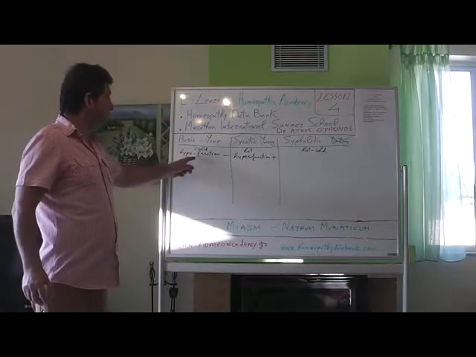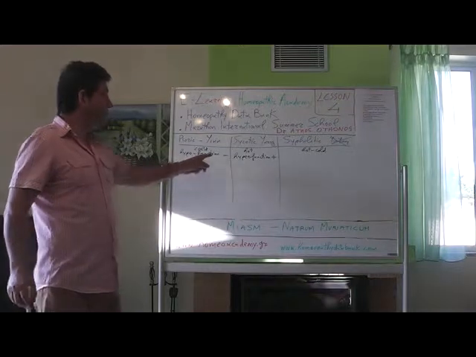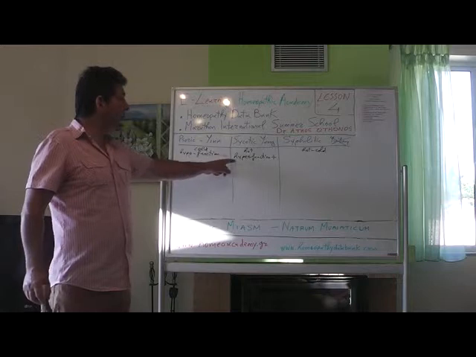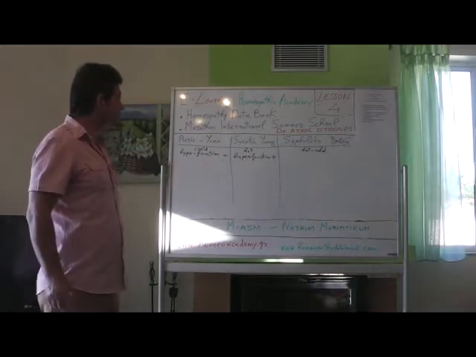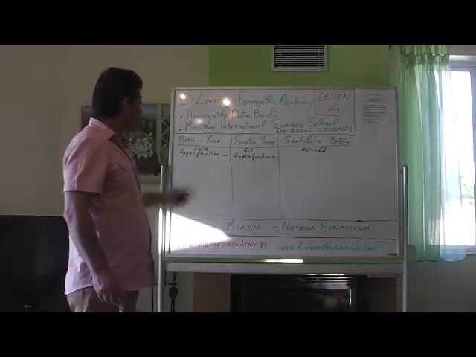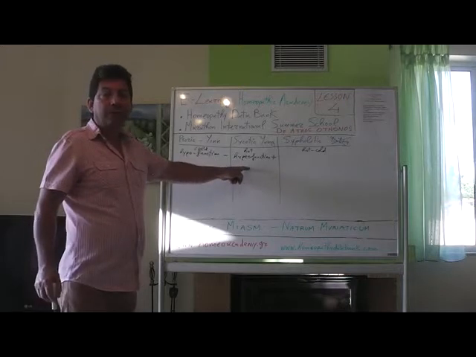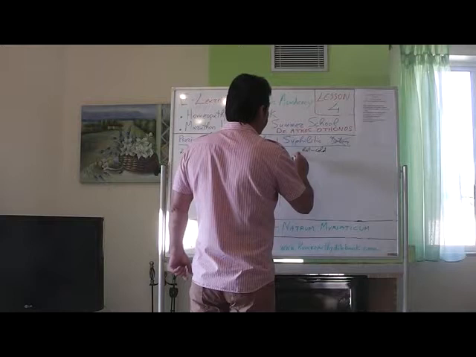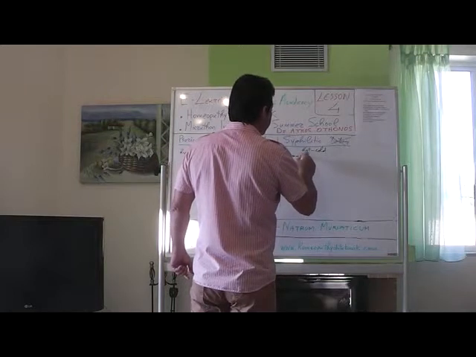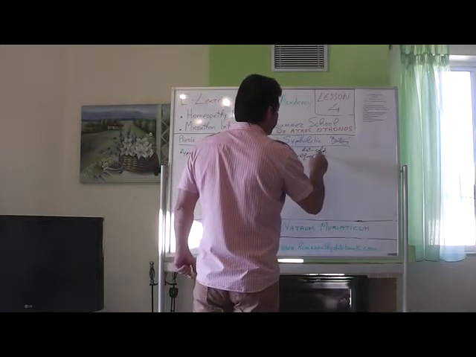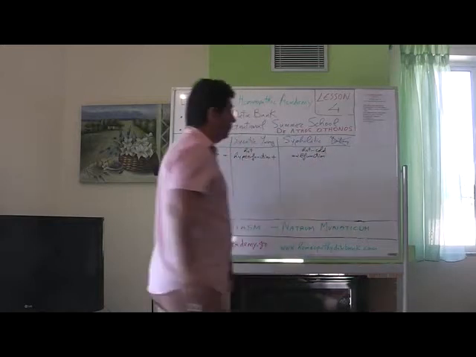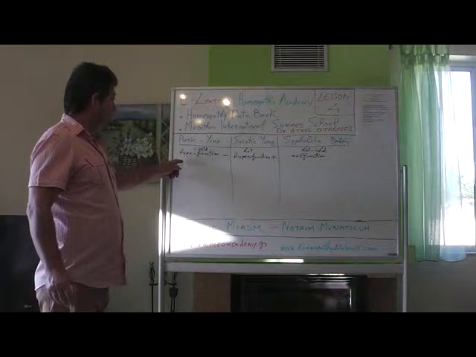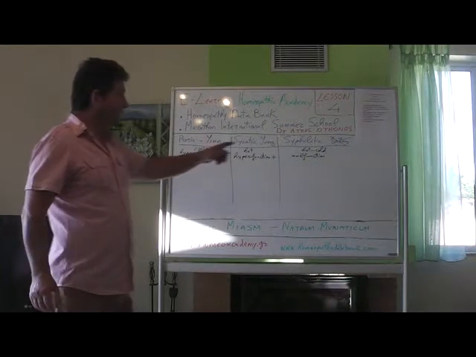For example, constipation, diarrhea, hypothyroidism, hyperthyroidism, slow pulse, fast pulse. And here we have the malfunction, in a special way.